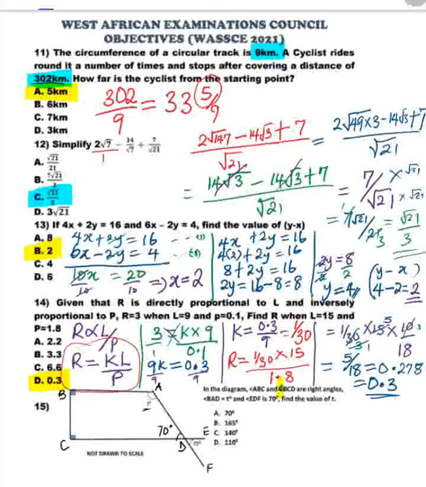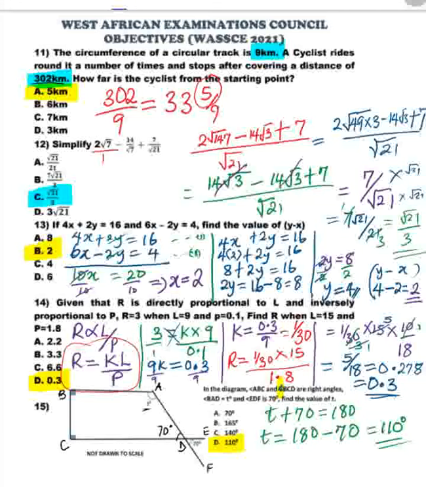And recall also that t plus 70 will be equal to 180, base angles of a parallelogram will be 180 when added together. So we're going to have t equal to 180 minus 70, and that will be equal to 110 degrees. So the correct option is D, which is 110 degrees.